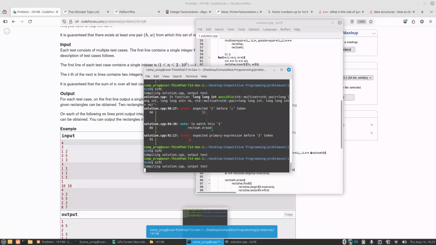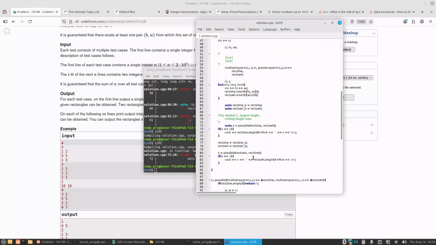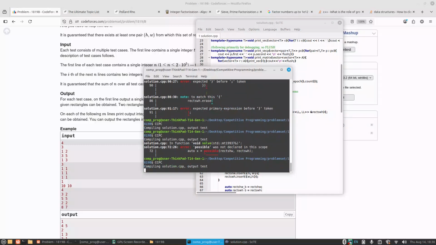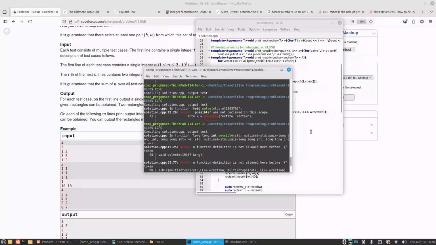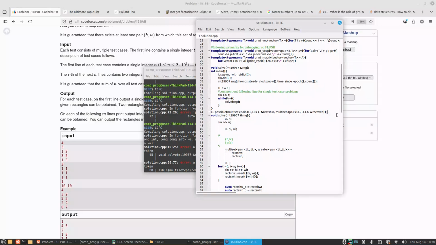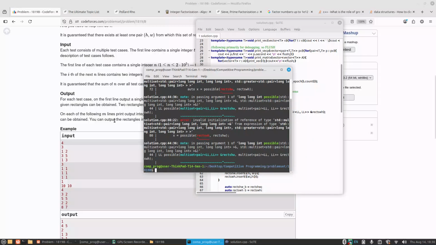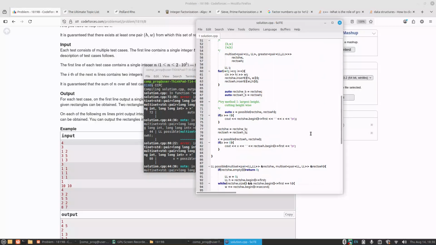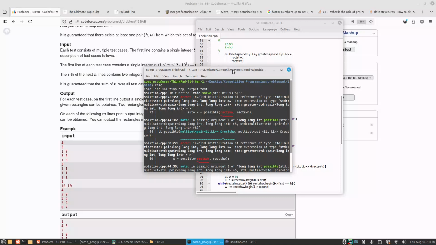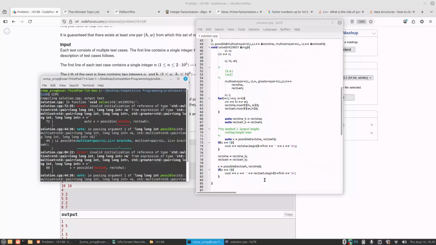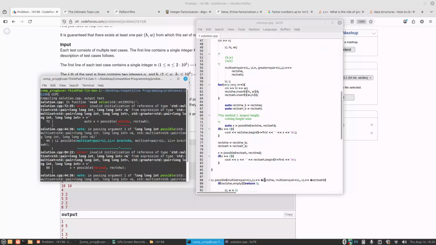And does this compile? Yeah, it needs to declare that. Okay, so I actually have to do this for all of them.